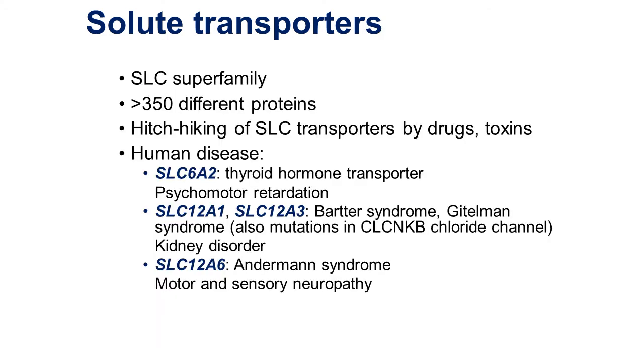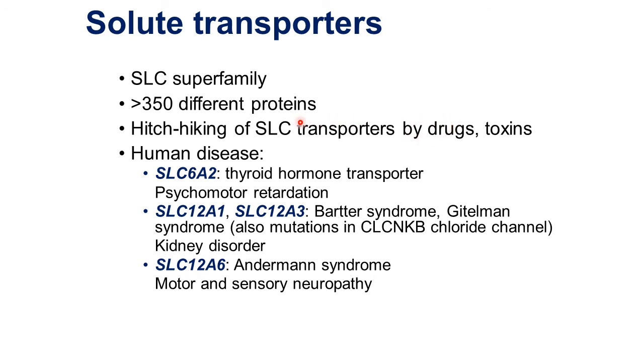There are really many solute transporters encoded by the human genome. There are more than 350 different solute transport proteins. Some of these are important because they facilitate the uptake of toxins, or they are important for the intracellular uptake of drugs.